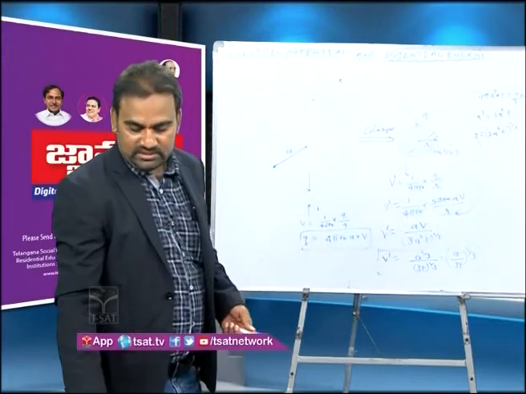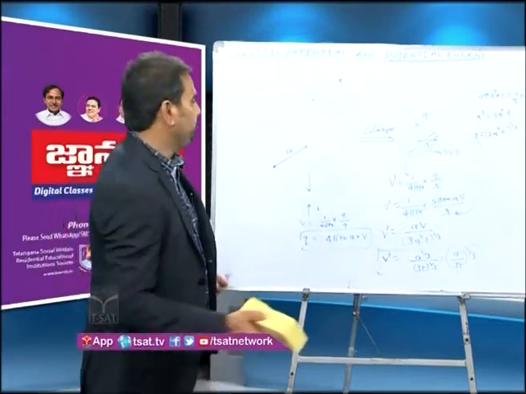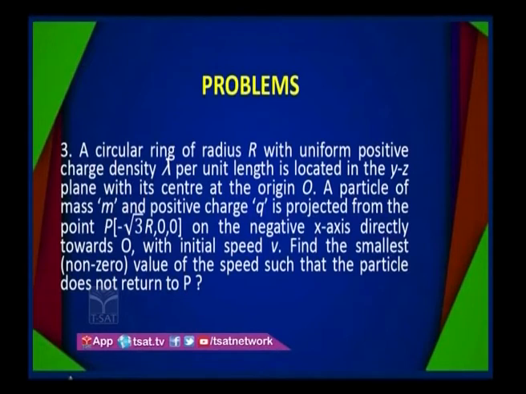Next application is: a circular ring of radius r with a uniform positive charge density lambda per unit length is located in the yz plane with its center at the origin.